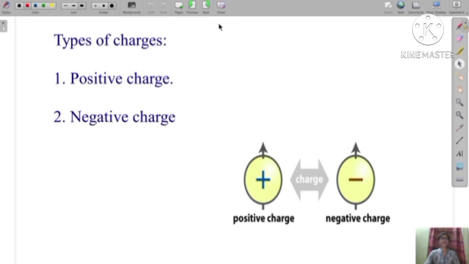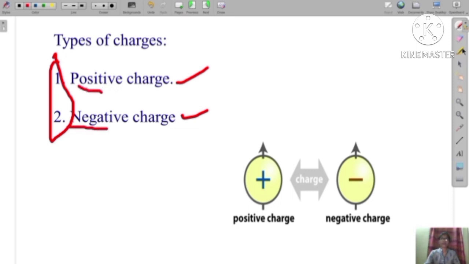As we have discussed in the last class, there are different kinds of charges. So those are positive charge and negative charge. We know that there are two types of charges, and those types of charges are called positive charge and negative charge.